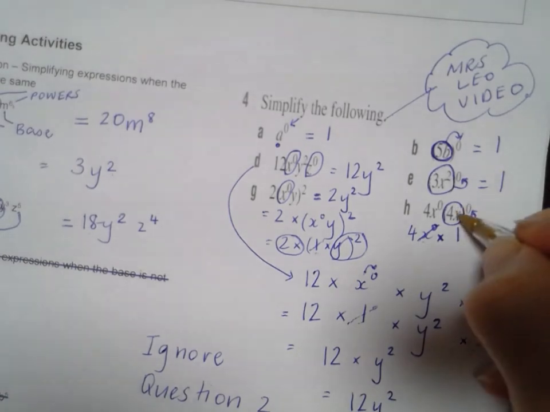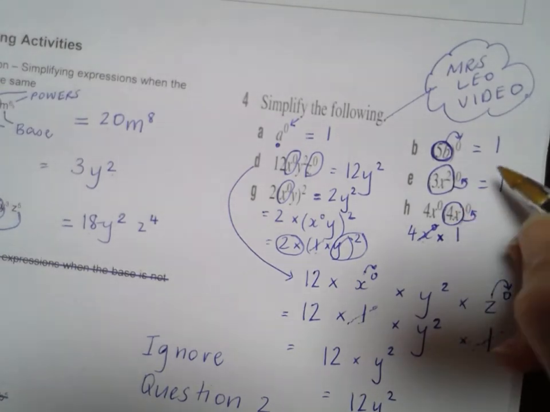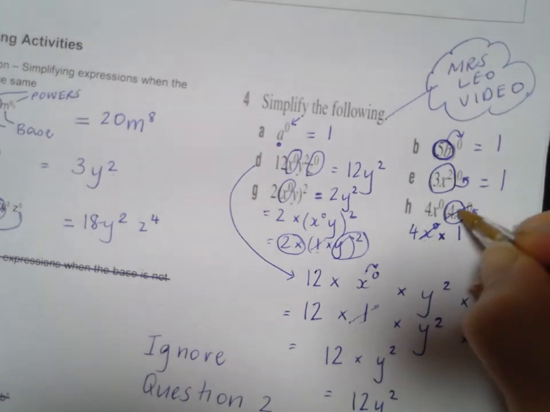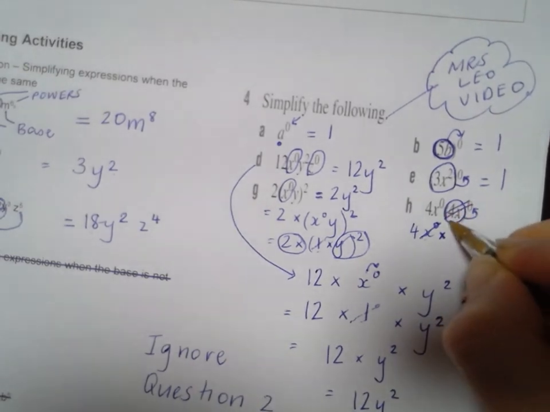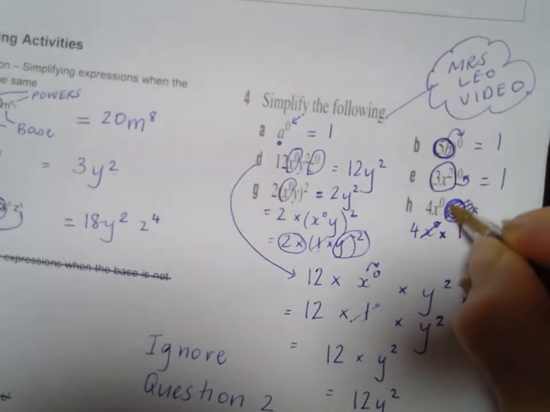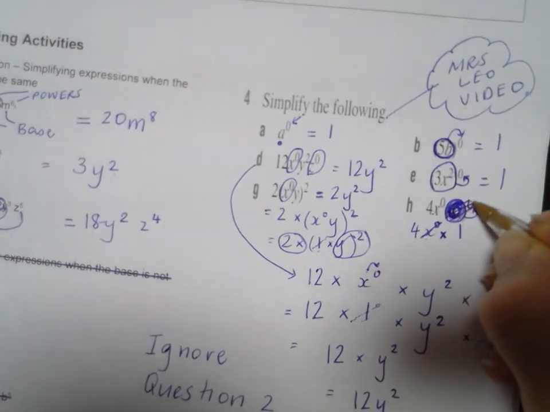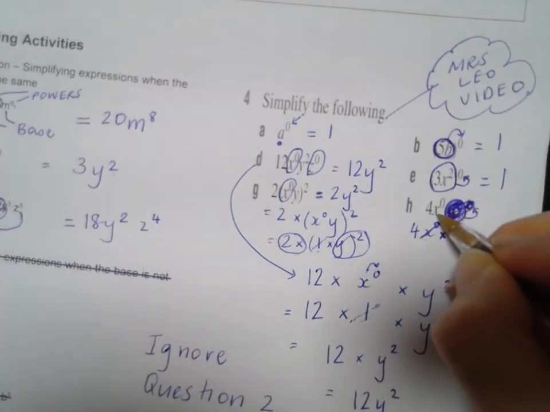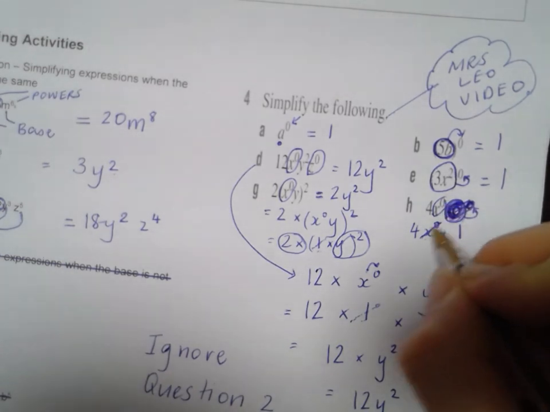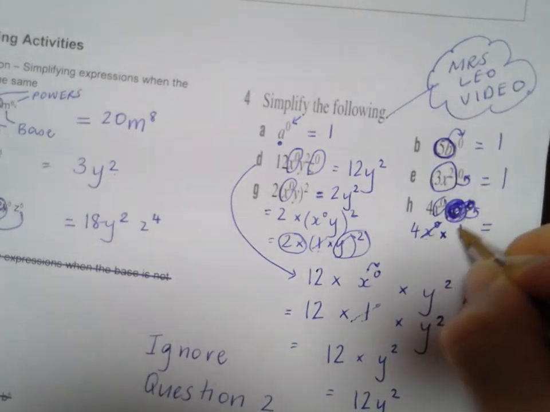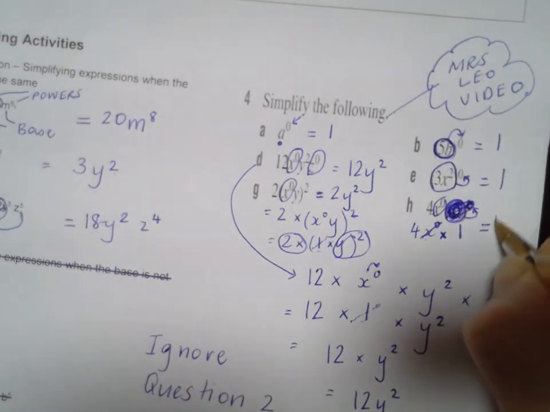So we've crossed this whole part out here because the whole parcel in there was put to the power of 0, so it equaled 1. This here gave us 1. So all we have left here is 4 times 1. It's just 4.